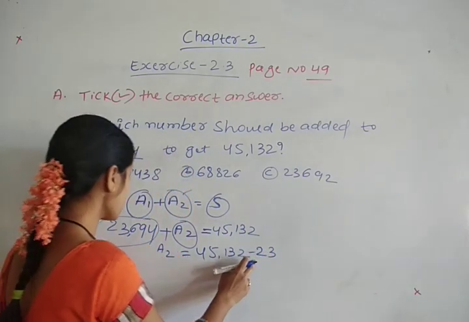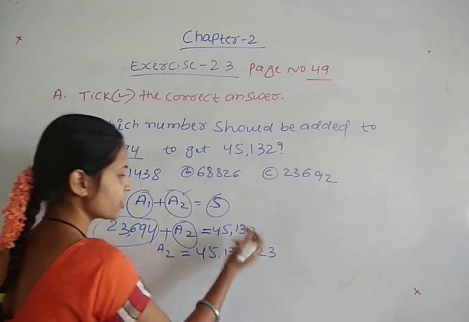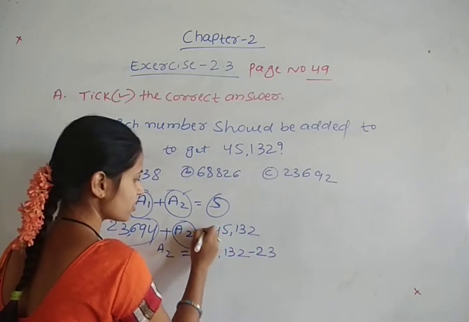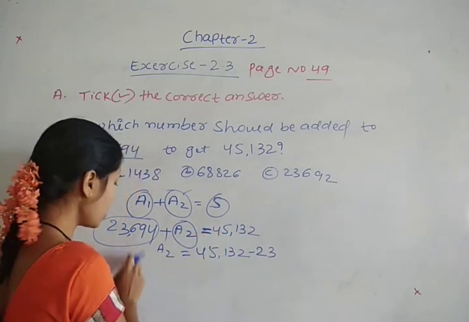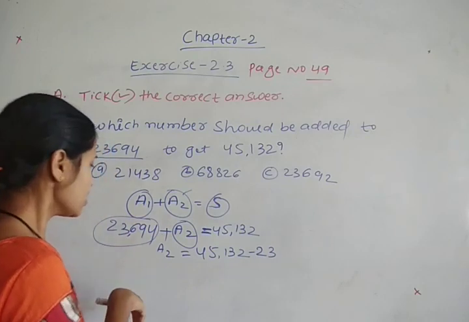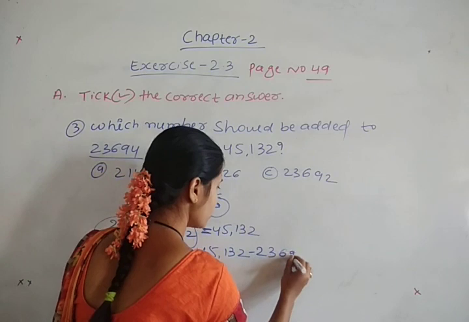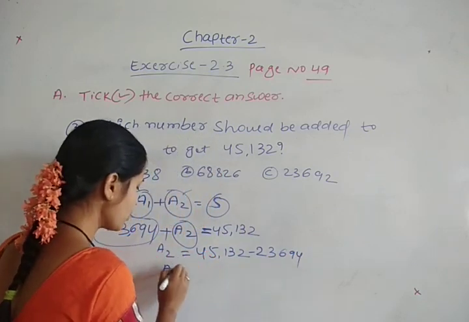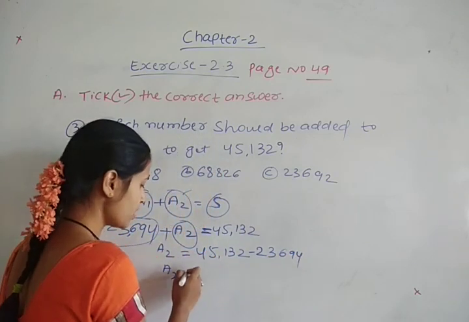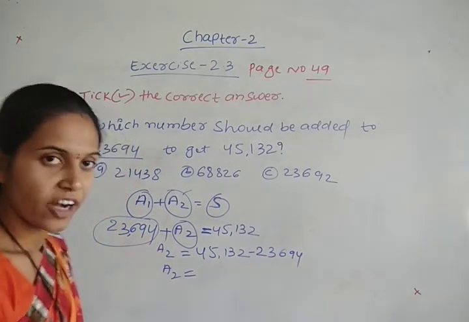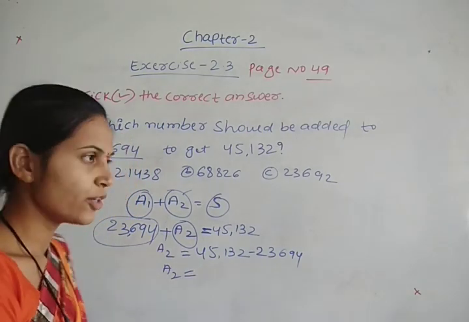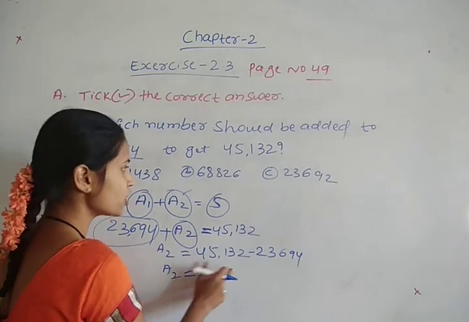Here it is in plus form; after crossing the equal symbol it changes its sign. This plus 23,694 becomes minus 23,694. So after subtracting the added one from the sum, you will get the value of addend 2. Now let us subtract these two numbers.